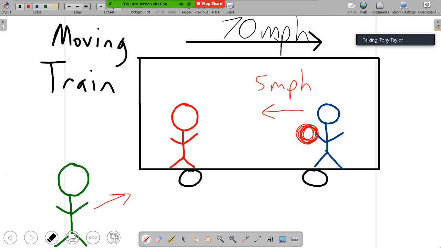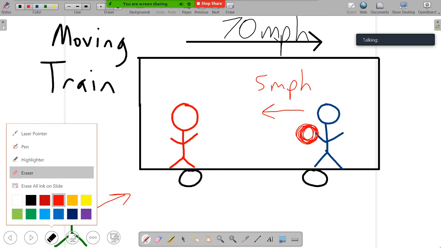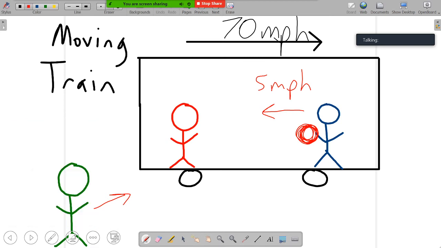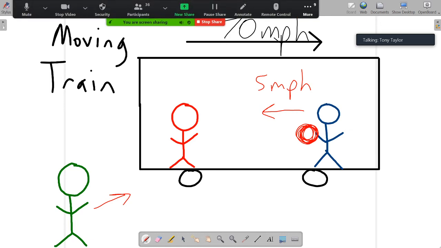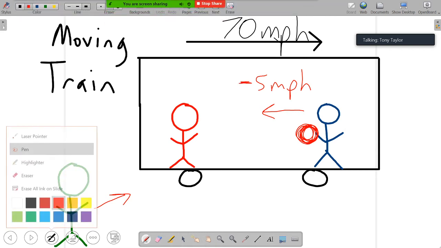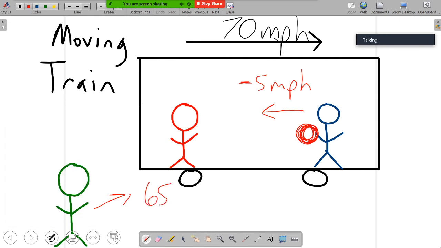Now, someone tell me, if the person in red notices the ball is coming at him at 5 miles per hour, from the perspective of the person in green, how fast is the ball moving? Exactly, it's 65 miles per hour, because notice we threw the ball in the negative direction.